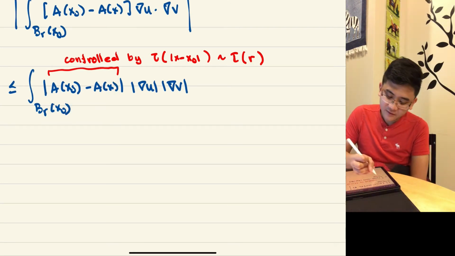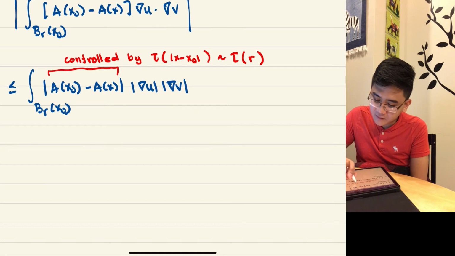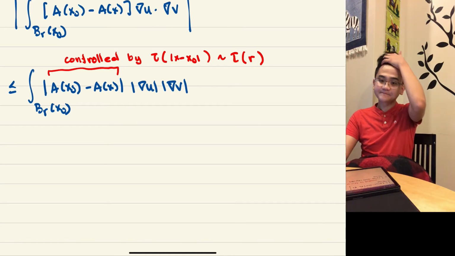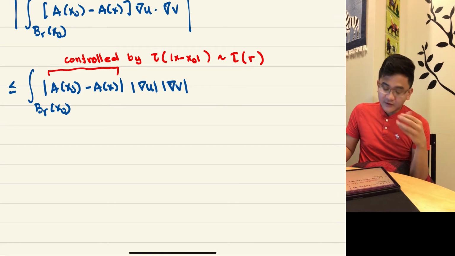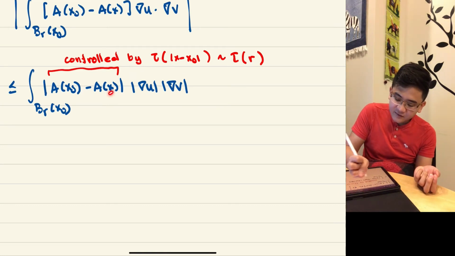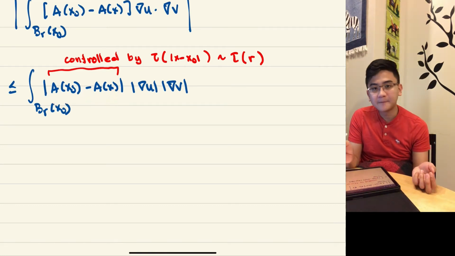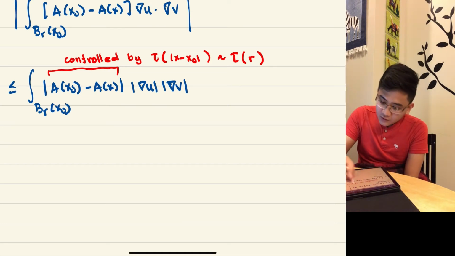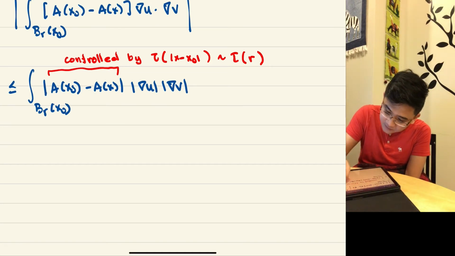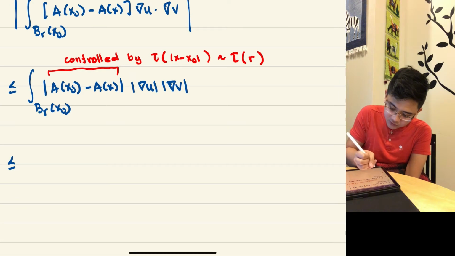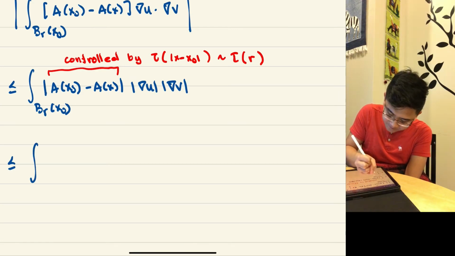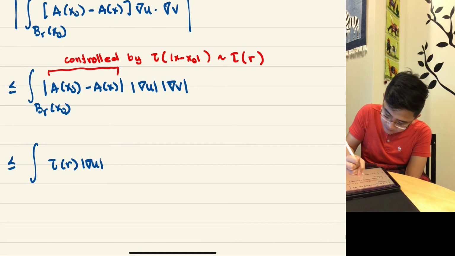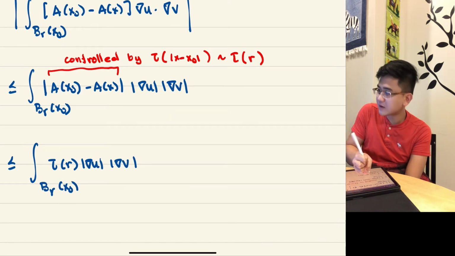So this term is controlled by the modulus of continuity at r. If r is small, meaning x is close to x0, this term is small. So let's write that down. This is less than or equal to tau of r times the integral of grad u grad v over B_r(x0).